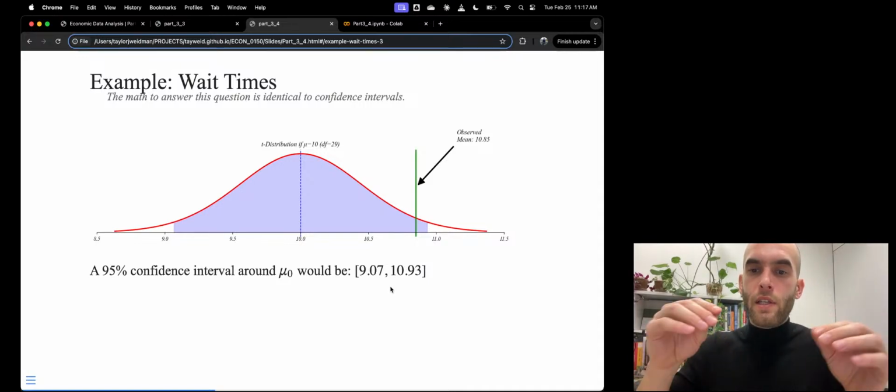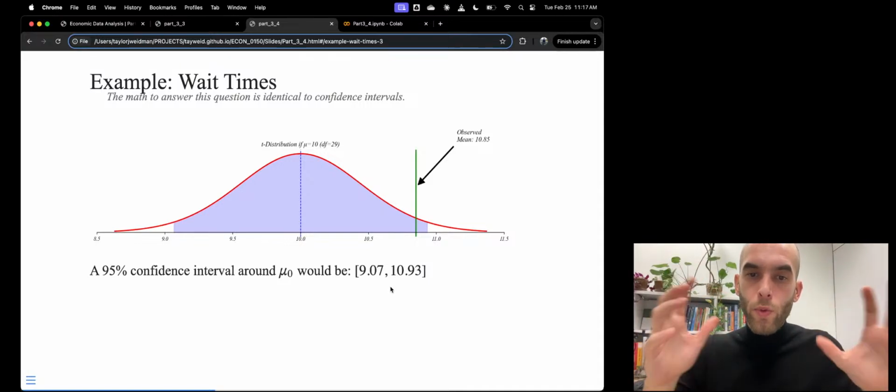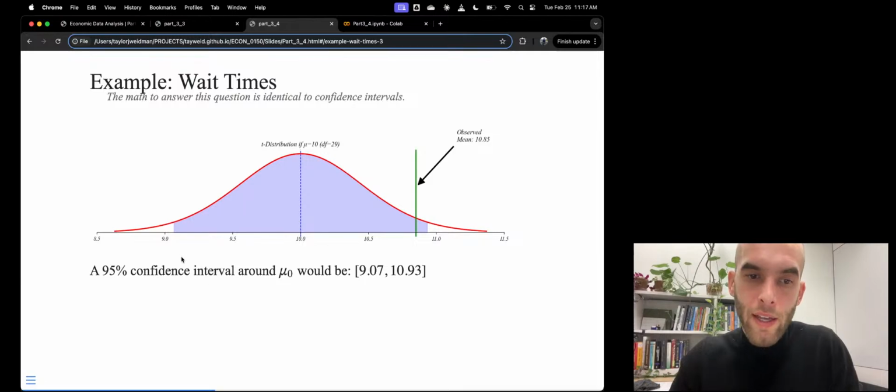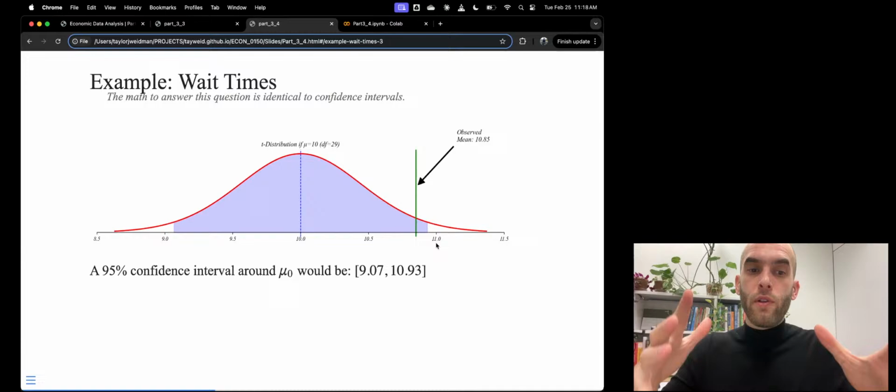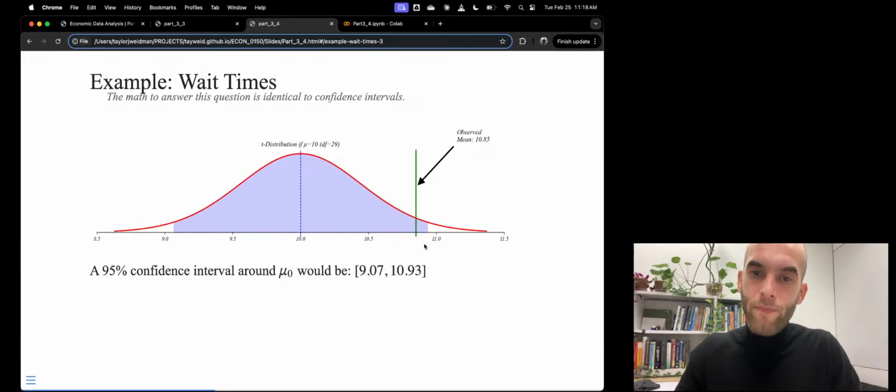So what we've done here is we're looking at the two places on the distribution that contain 95% of the data. That's going to be this vertical line here, where the purple region begins, and then this one here, where the purple region ends. So we've constructed this interval to contain 95% of the data, if 10 were the truth.